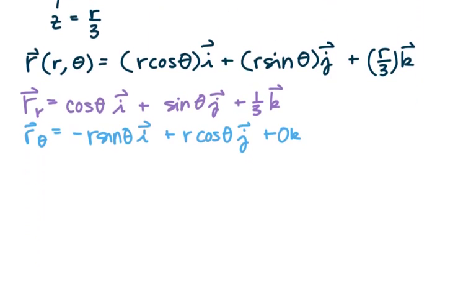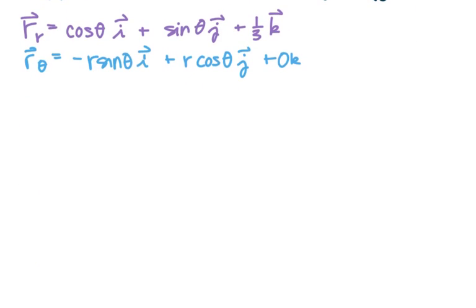So we need the cross product of these two vectors, and then we need to find the magnitude. I'm going to find the cross product first, r sub r cross r sub theta. That's going to be the determinant set up by this matrix. I'm going to write i, j, and k up here.